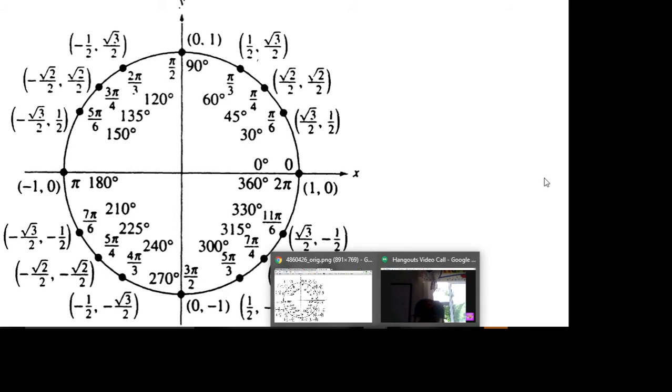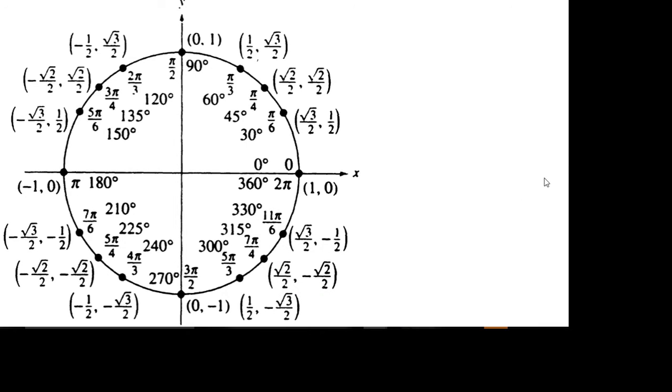Okay, when you look at 2 pi over 3, what two numbers do you see on that dot? Oh, you don't have it yet? Are you still there? Let's start here.